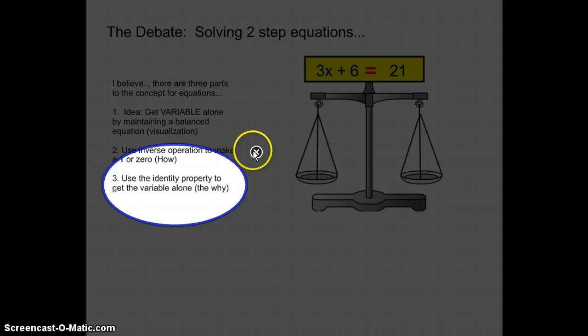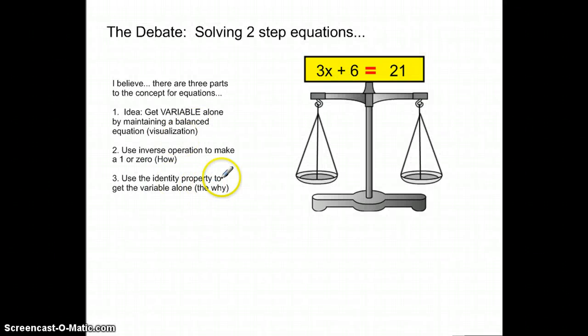Now, if people understand, which you should be teaching these things, that the inverse operation is doing the opposite to make a 0 or 1, and with addition, the identity property is plus 0, and with multiplication, the identity property is times 1, it'd be very easy to see that you simply subtract 6 from both sides, because that would make your 0.